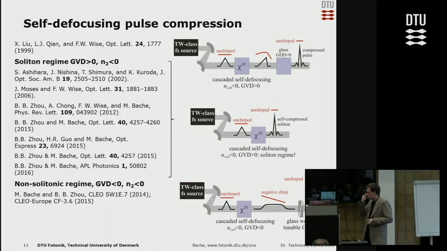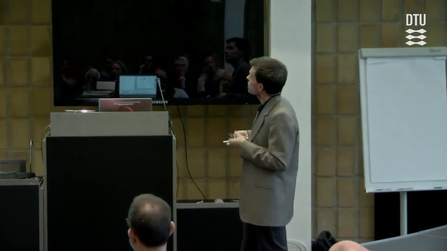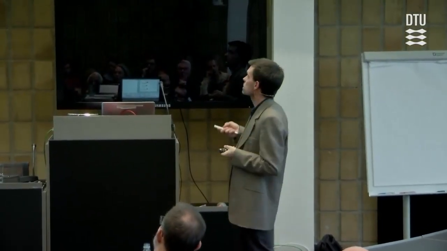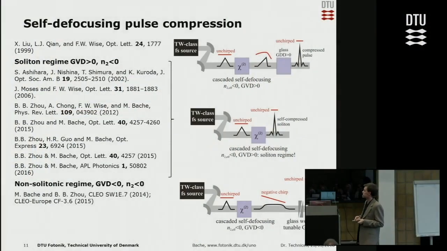The important step forward, in my opinion, was when Satoshi Ashihara's group in Tokyo some years later discovered that you could actually avoid this last step and just compress the pulse inside the crystal itself through the so-called soliton self-compression effect. And that was what we tagged on to and started to investigate heavily.